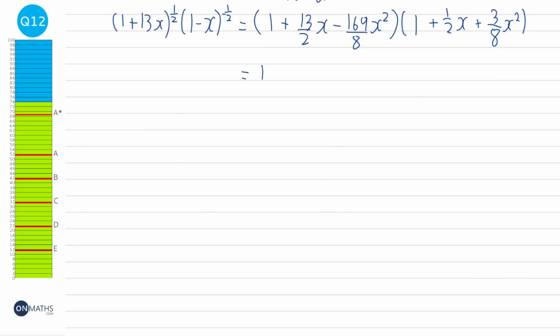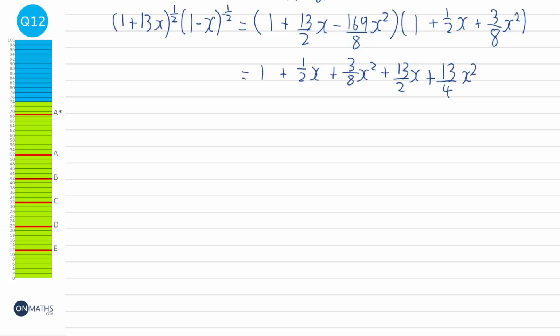So it'd be 1 plus a half x plus 3 over 8 x squared. And we're going to do the same with this x here. So it'd be 13 over 2 x times 1. That's nice and easy. Then 13 over 2x times a half. So that would be 13 over 4x squared.